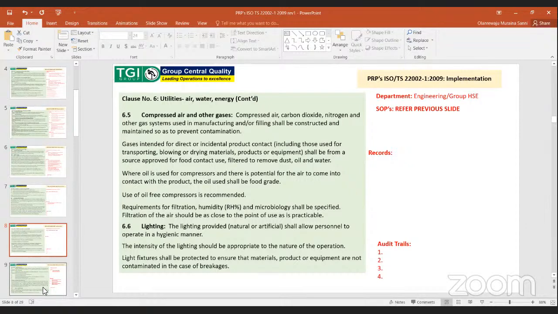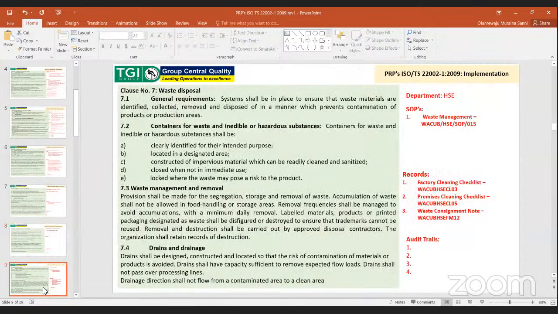The light should also be protected in such a way that even when it breaks, it should not enter our production process. So it means we must have a sort of unbreakable plastic or something to cover our lights. Then waste disposal.